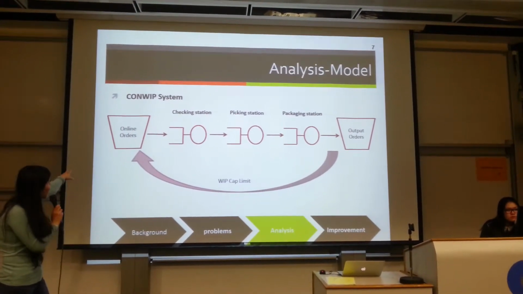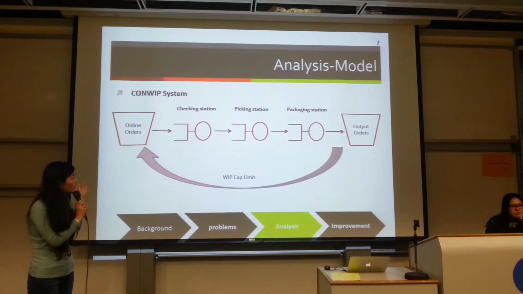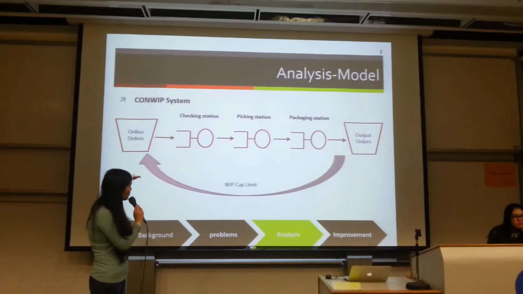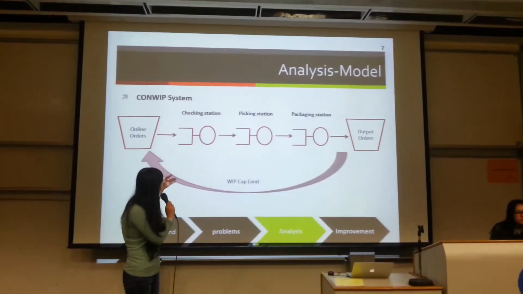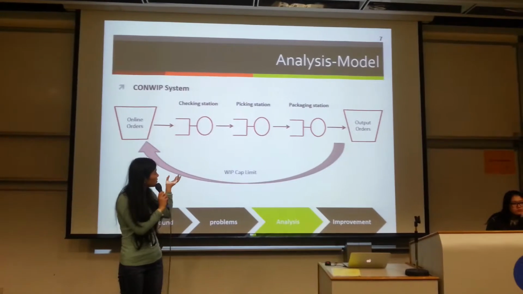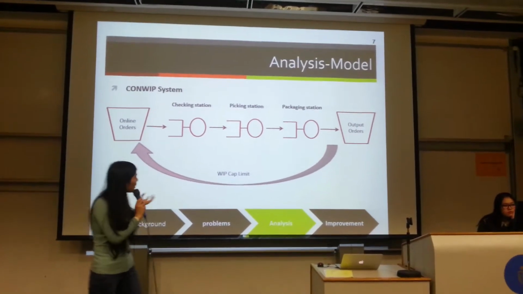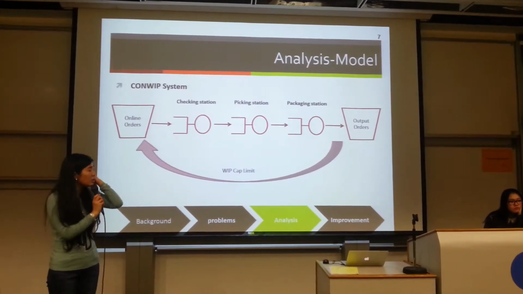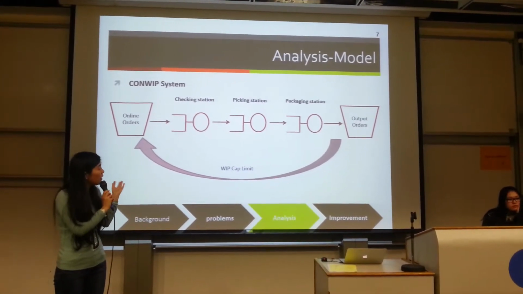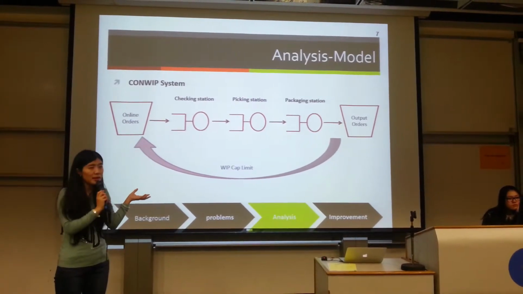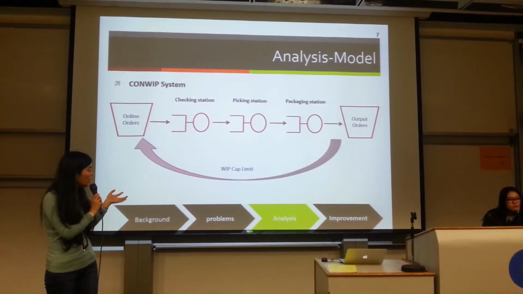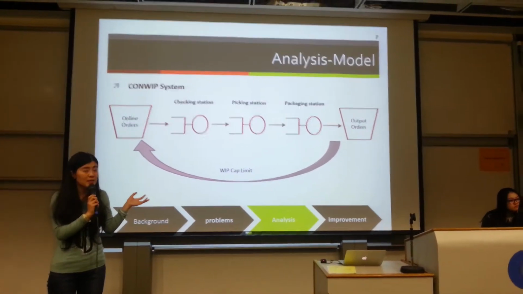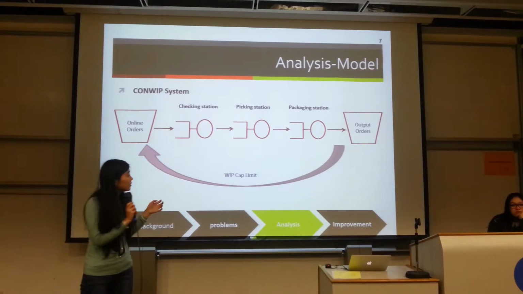The orders coming from the online service system come into the system and then are checked, picked, and then packaged. Also, there is a WIP cap, which limits the total WIP level in the system. That's because the warehouse space in the company is very limited.